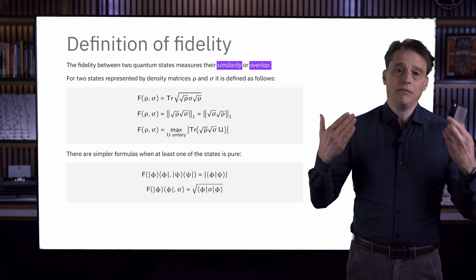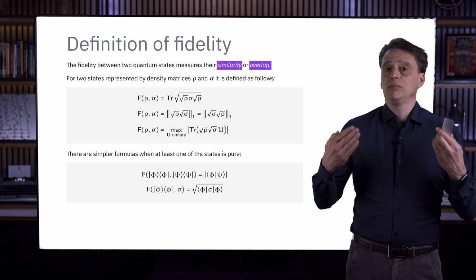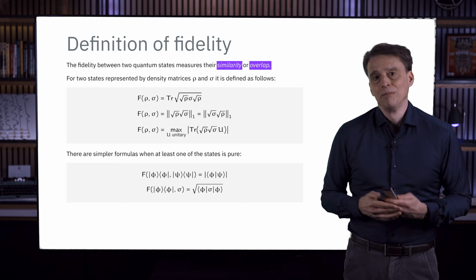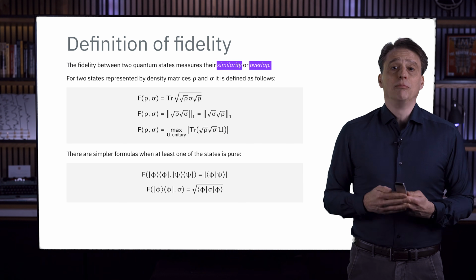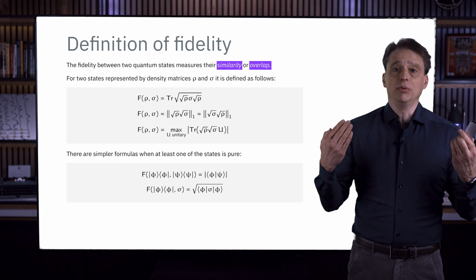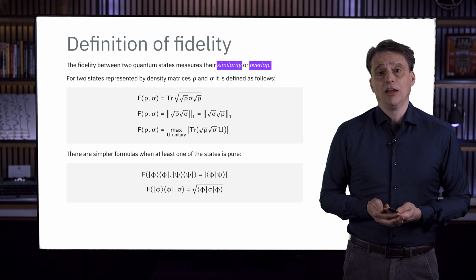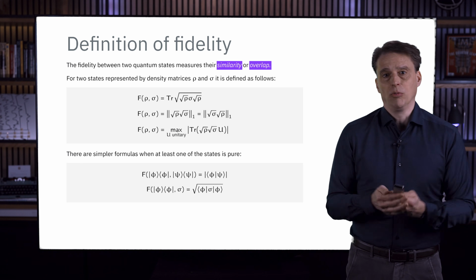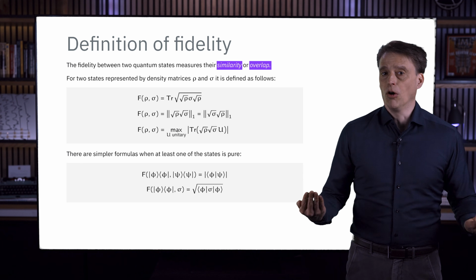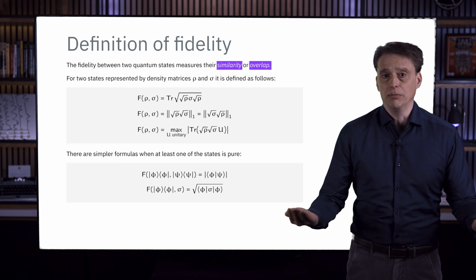The absolute value of the inner product between two quantum state vectors is always a number between 0 and 1, and it gives us a natural way of measuring how much overlap there is between two quantum state vectors. And you can think about the fidelity as being a useful and well-behaved way to extend this way of measuring overlap from pure states to density matrices.